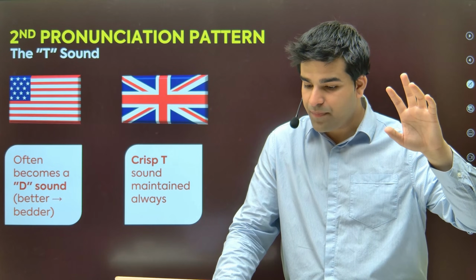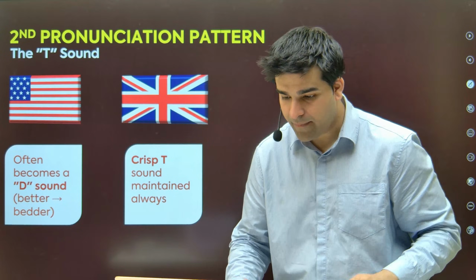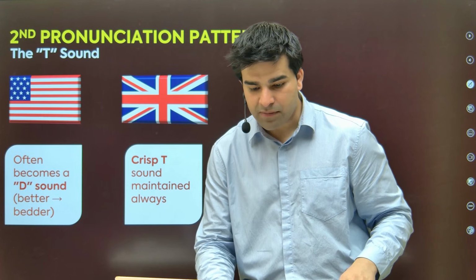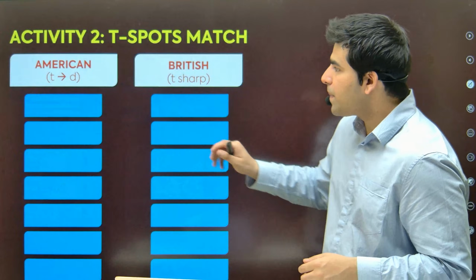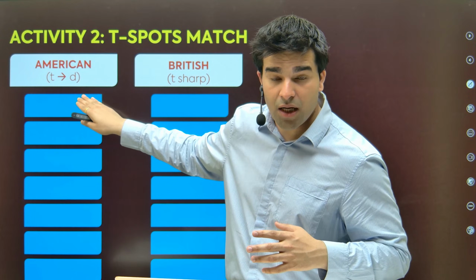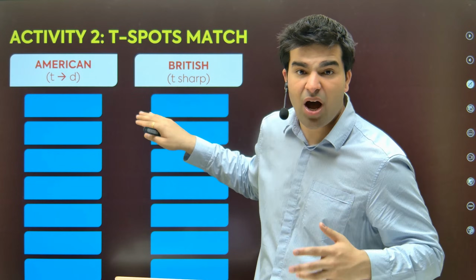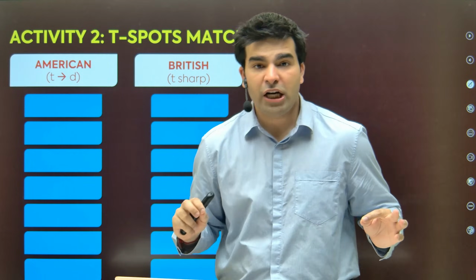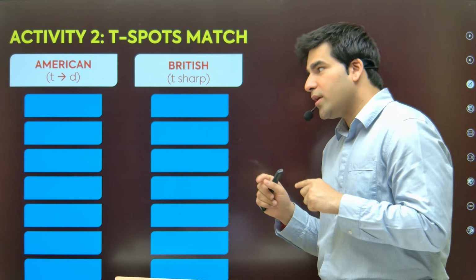Perfect. Superb. Excellent. We will now play the game, okay? So the game is here. Please have a look. Now, we will look at American T, that becomes D, and British T, which is the sharp T, very clear, very crisp T. Ready? Here we go.